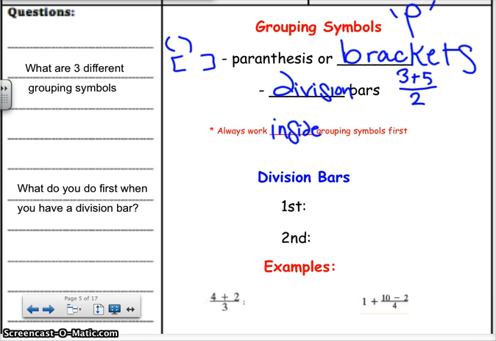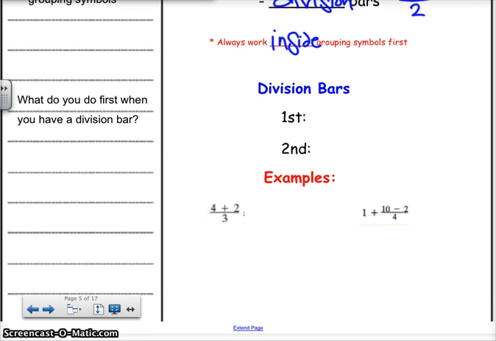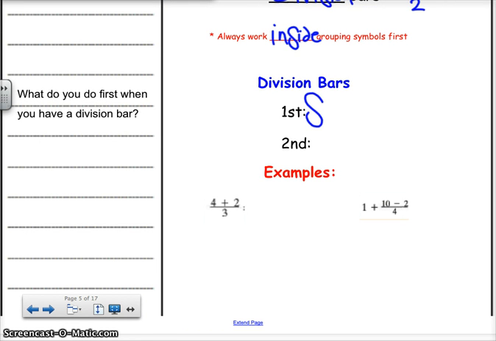Let's talk about division bars. It's probably the semi-newest grouping symbol that you're exposed to. The first thing you want to do is simplify the top and bottom. Okay, simplify the top and bottom. That means just find out what the top is, find out what the bottom is.